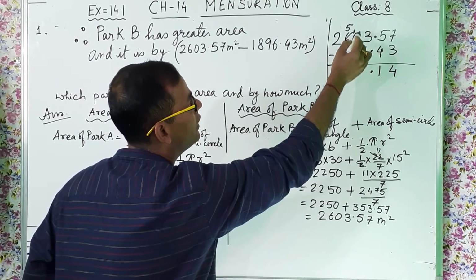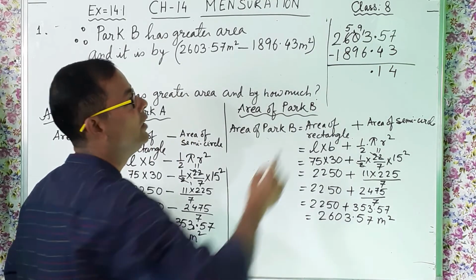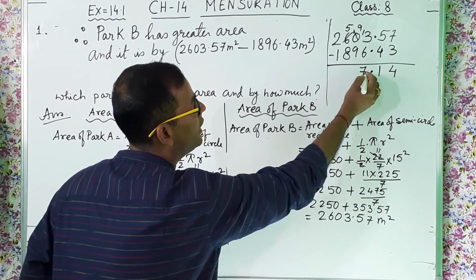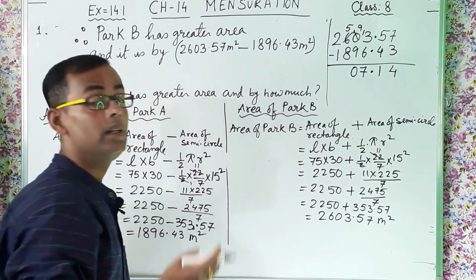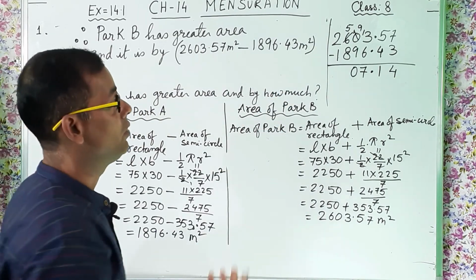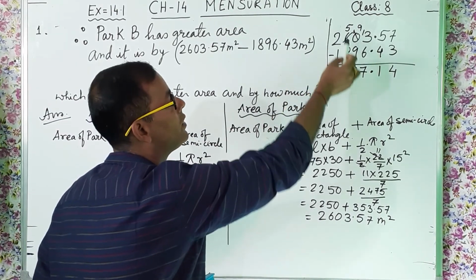This becomes 10. Then this becomes 9 and then 13. So, 13 minus 6, how much comes? 7. 9 minus 9, 0. See, 13 minus 6, after 6, 7, 8, 9, 10, 11, 12, 13. So, it will be 7. Then 9 minus 9, 0. Now, you cannot subtract.